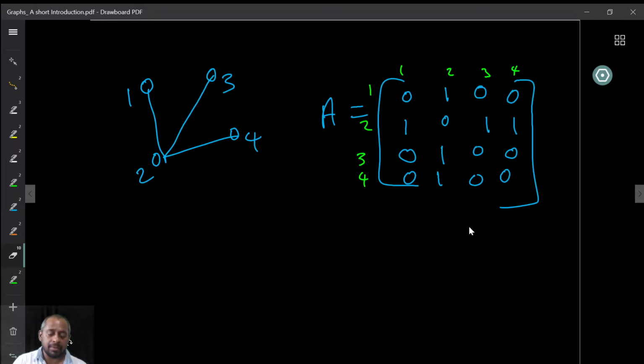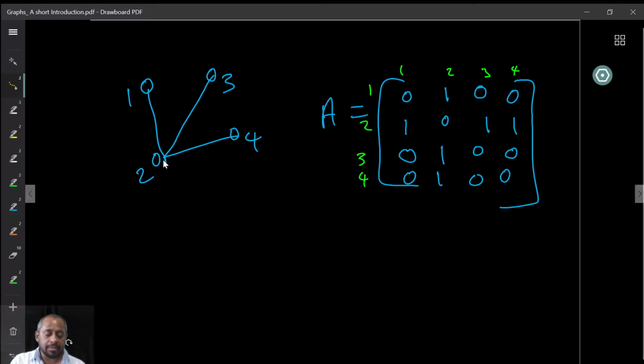Now here is an example of a graph and its adjacency matrix. Okay, so you have this graph on 4 vertices, 1, 2, 3, and 4. And what is the adjacency matrix? You write 1, 2, 3, 4 here, corresponding to 1, 2, 3, 4 here, and whenever 1 is adjacent to 2, therefore 1 to 2 there is this entry 1.